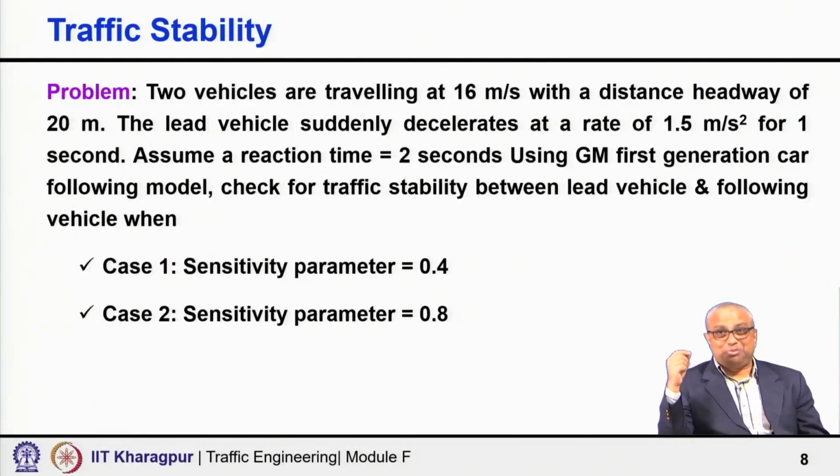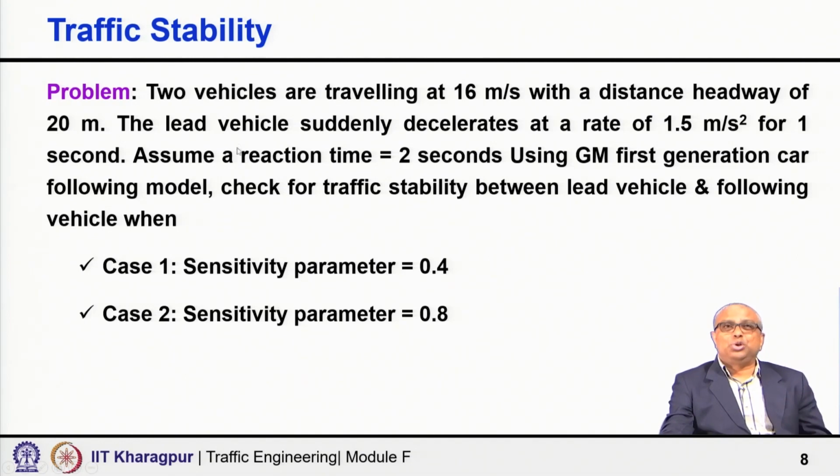Now, let us take up a problem to understand it in a much better way. Of course, some calculations I will not show, because in the previous lecture I took an example problem and explained how you can calculate each cell in the table.